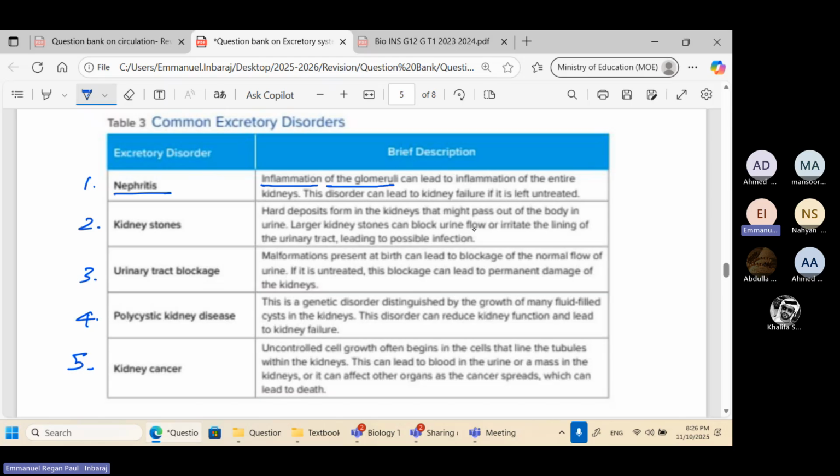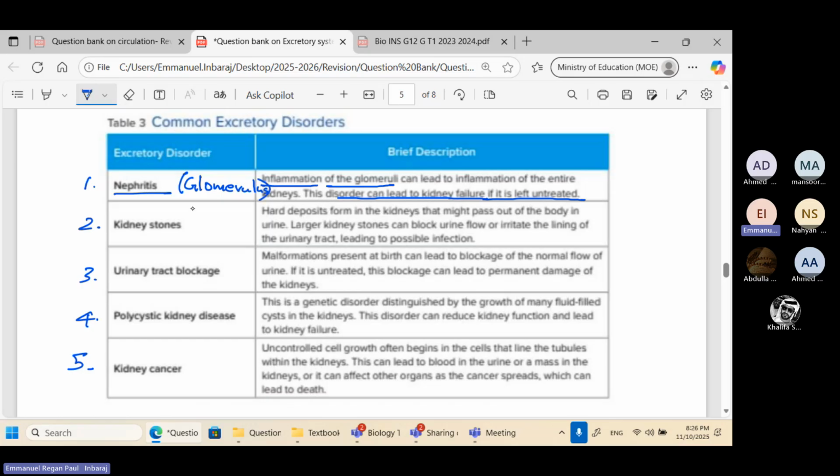The glomerulus is the ball of capillaries, and when this ball of capillaries becomes bigger or swollen, you call it inflammation of the glomeruli. This disorder can lead to kidney failure if it is not treated. So nephritis is related to glomeruli.